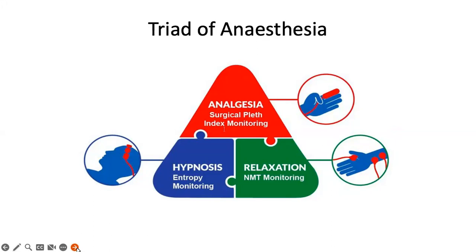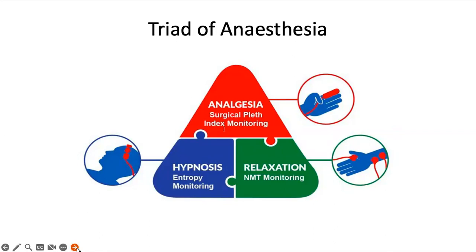We also have the DSA, the spectral array monitoring of patients' level of awareness, which shows the alpha, beta and delta bands. And entropy, we still have entropy as well, but there is a lot that can be said about monitoring for hypnosis, and that field is advancing.